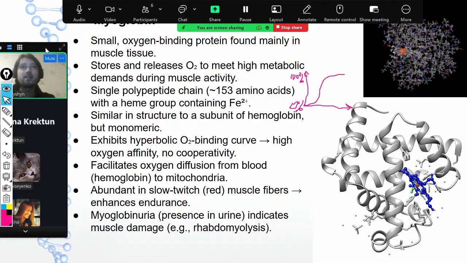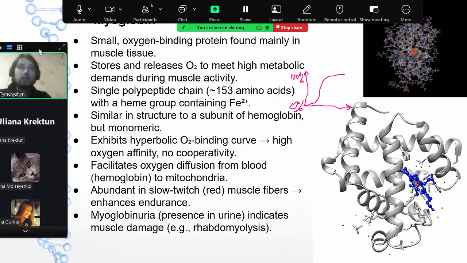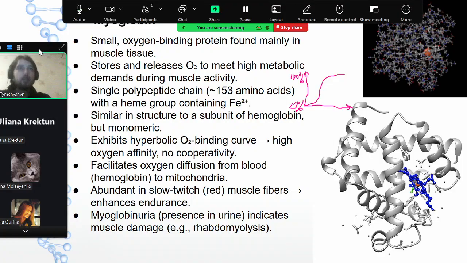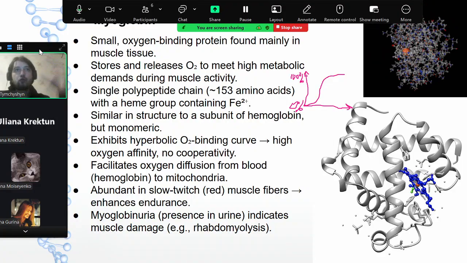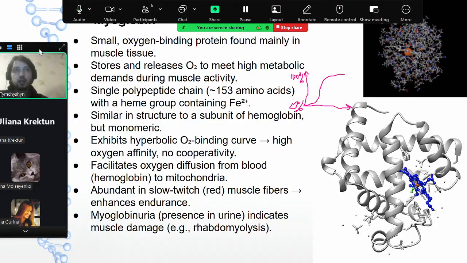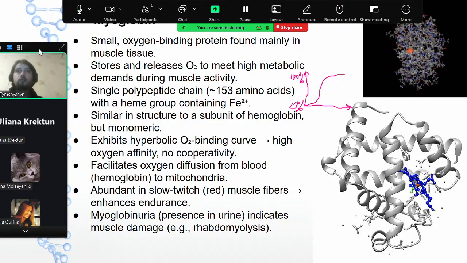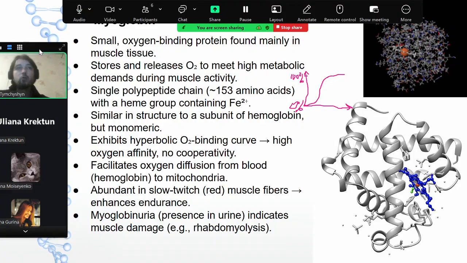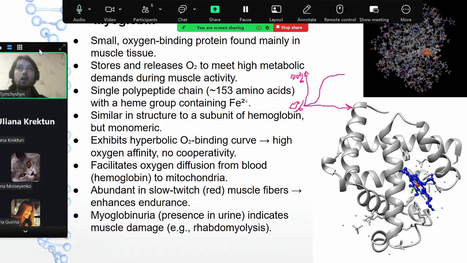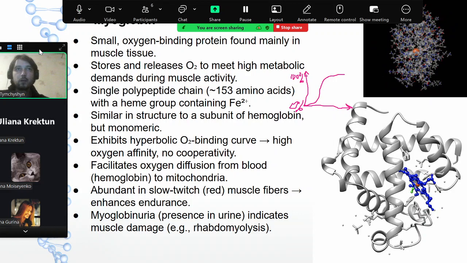In essence, the question is pretty simple. In hemoglobin, we had 4 subunits, and each of the subunits was capable of holding or releasing one oxygen molecule, O2.